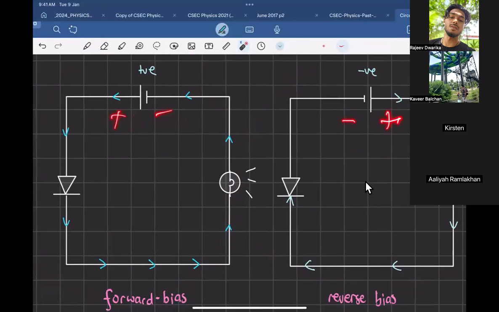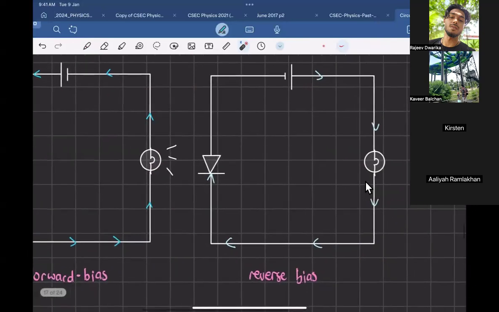So if I swap the battery, the current goes in the other direction. Justin, you didn't think of that? I realized, but I didn't know what it was referring to. Oh, that's okay. Once you realize that is the only thing I changed, right?